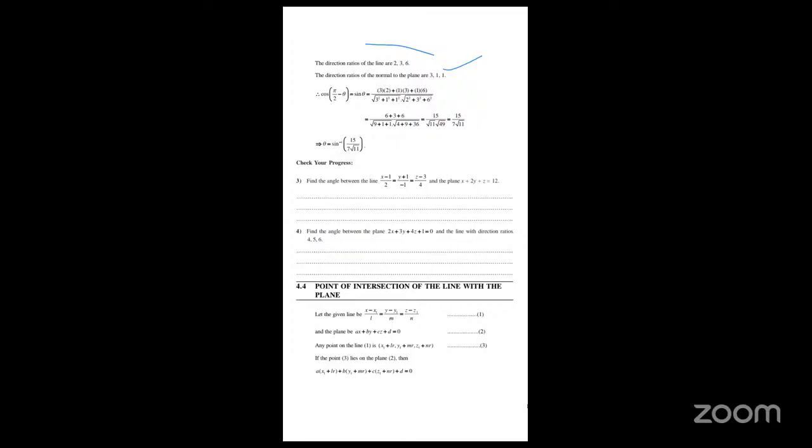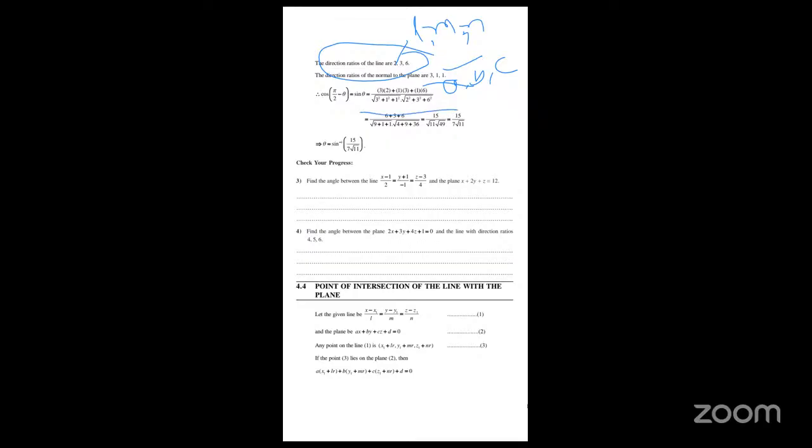Okay. Now the direction ratio of the line is 2 comma 3 comma 6, and these become L M N, and the direction ratios of the plane become A B C.